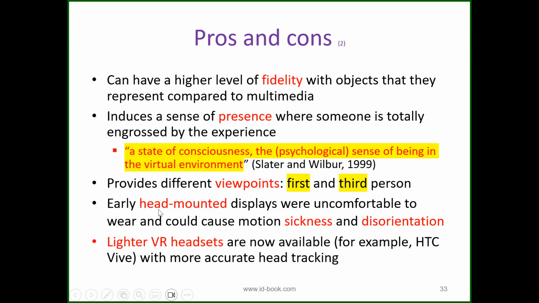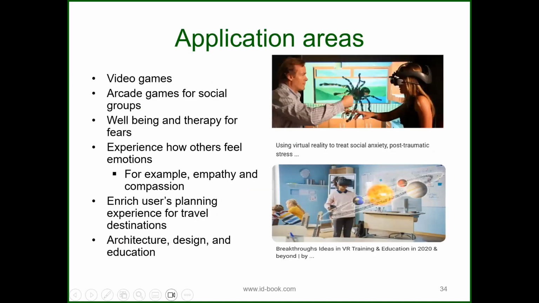Earlier they placed the head mounted devices on the eyes to see that illusion world, but in earlier days they used to be heavy, which would cause motion sickness or disorientation for the users. But lighter virtual headsets are now available from HTC Vive, and they are more accurate in tracking the movements.